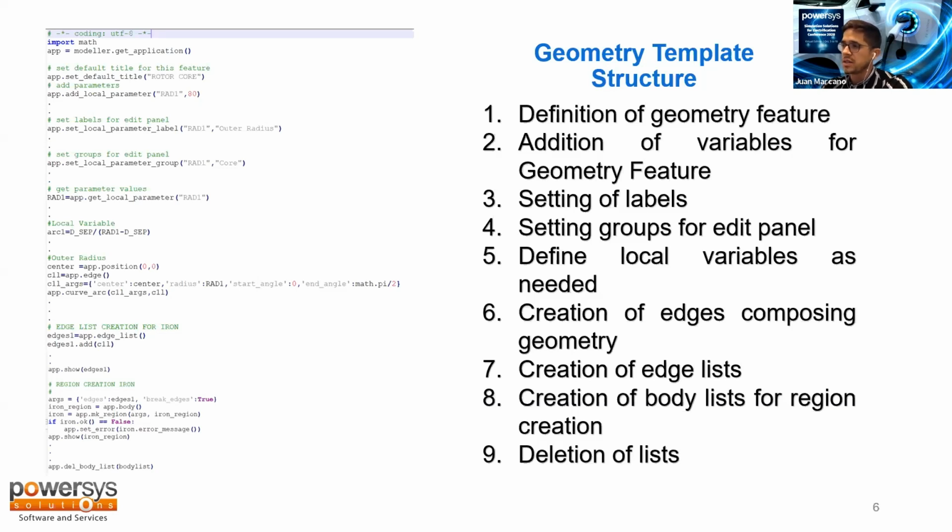In each edge list, we will include all the lines that compose a body or a sketch. And then later, after creating the edge list, we can create a body list made of different edge lists that contain the bodies for creating the regions that we will assign materials to.